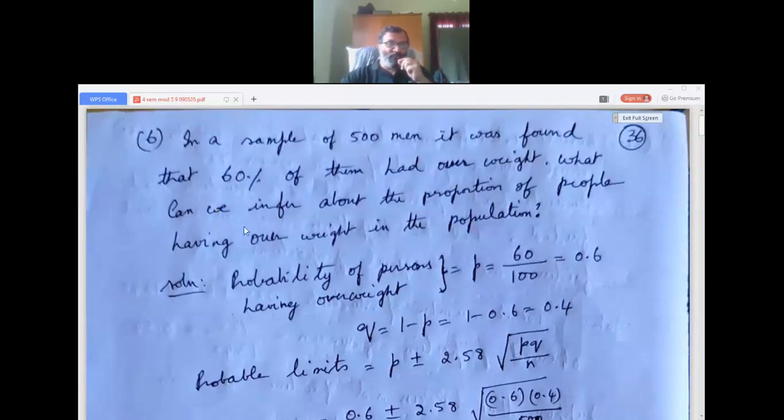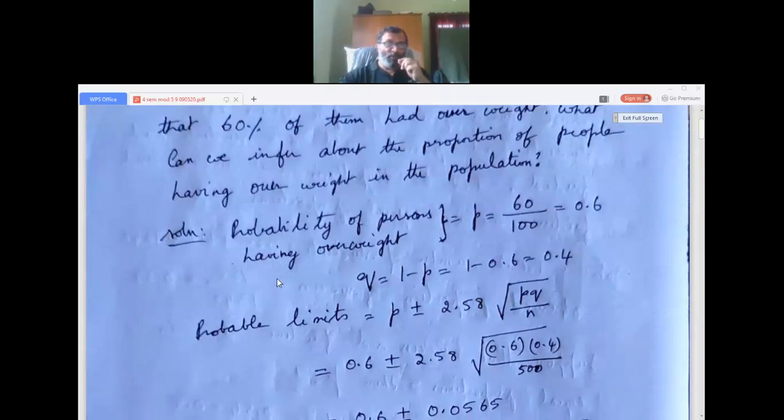What can we infer, what can we conclude, about the proportion of people having overweight in the population?